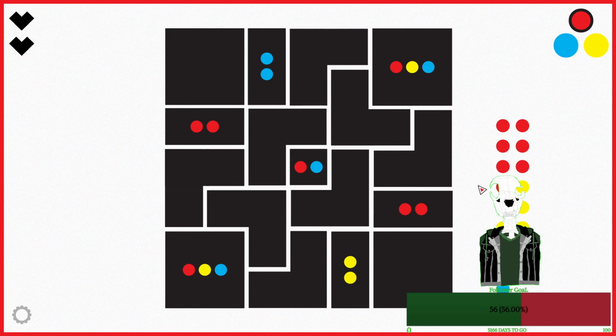Obnoxious. These stairs three. Two of these stairs are yellow. Two of these have to be red.